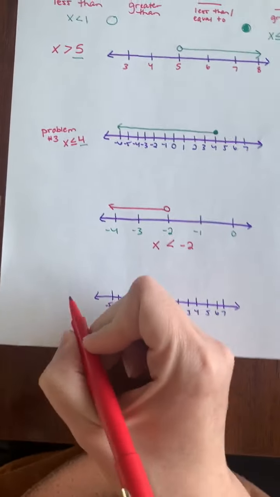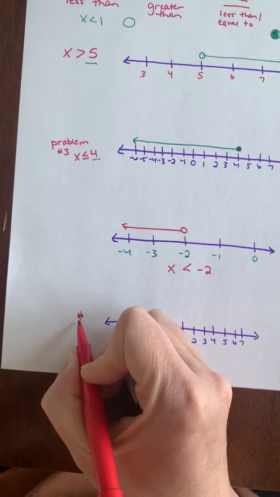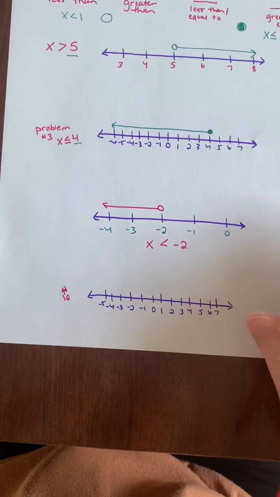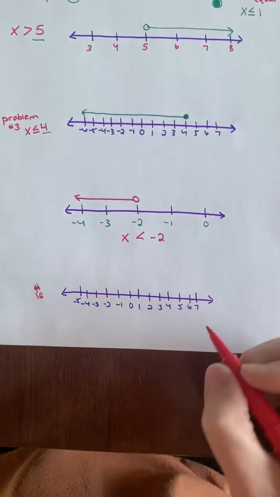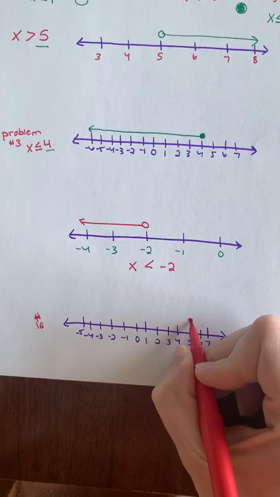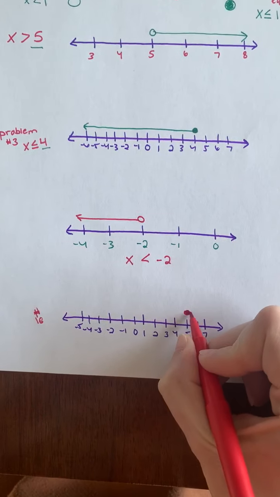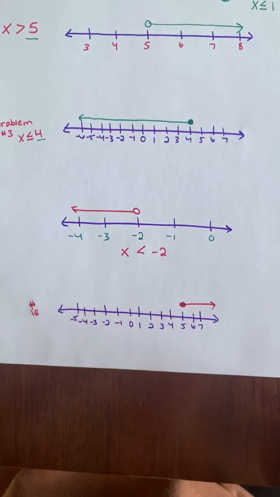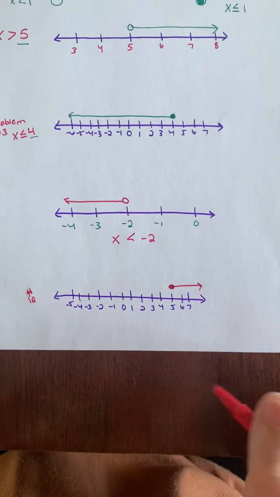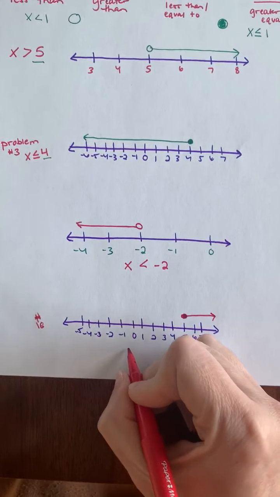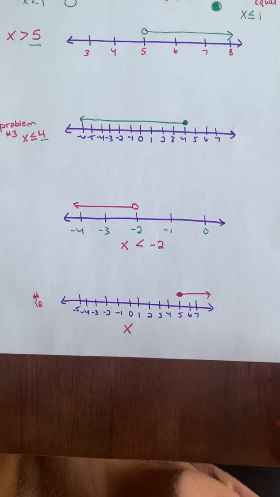Looking at number 10, so this is problem number 10 on your worksheet. On number 10, we have a filled in circle over here at 5 with a line going to the right. Once again, I'm going to choose x just to keep it simple. You could choose any variable that you'd like.